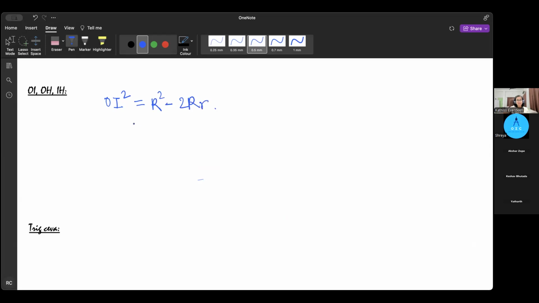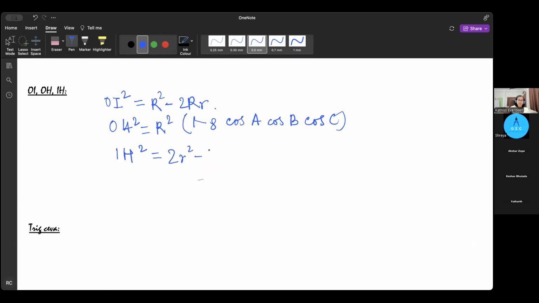I think you've seen this. OH squared is R squared into 1 minus 8 cos A cos B cos C. And IH squared is 2r squared minus 4R squared times something.